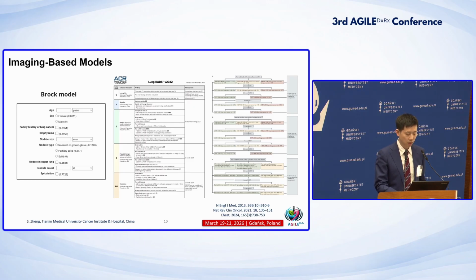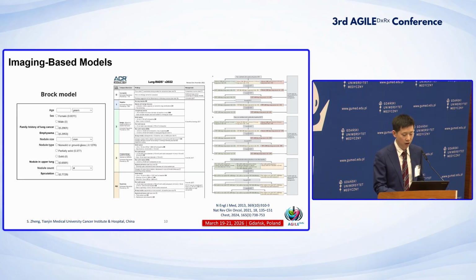One well-known classic model is the Brock model, which considers not only the clinical factors, but also the nodule size, nodule type, nodule location, and the nodule number for risk prediction.